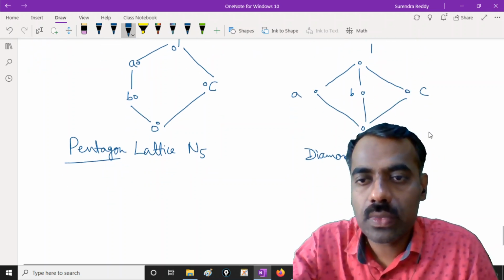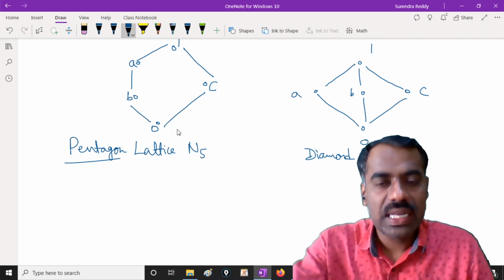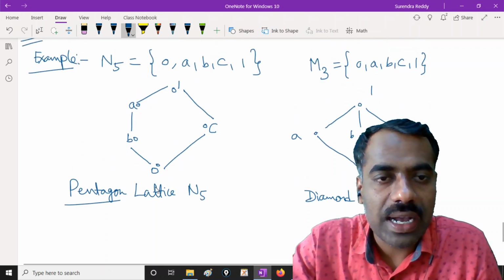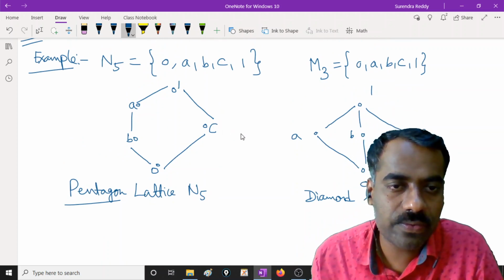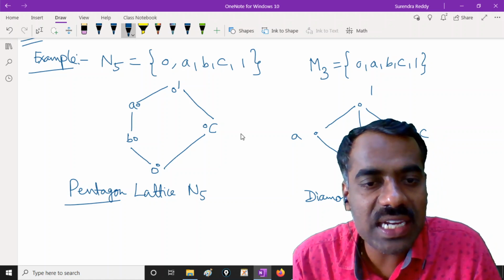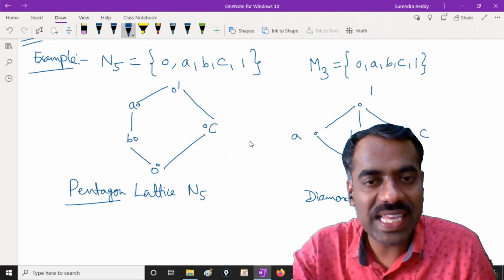Now we will try to represent it with respect to join and meet. Since it is a lattice, can you tell me what is the meet of a and c? What is a meet c?